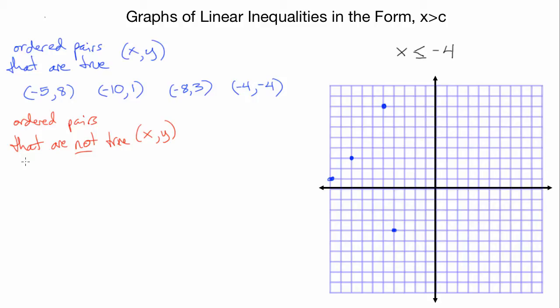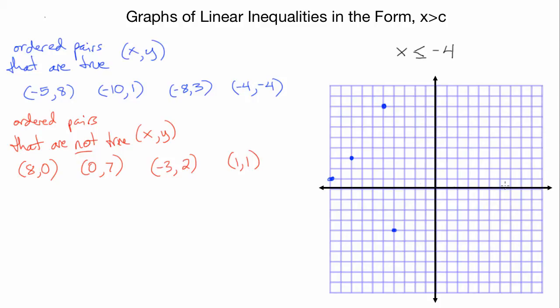So some points there would be 8, 0. 8 is not less than -4. 0, 7. -3, 2. Or 1, 1. All those points have an x value that's not less than -4.